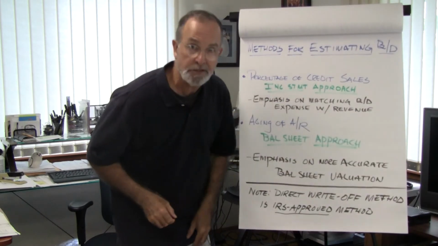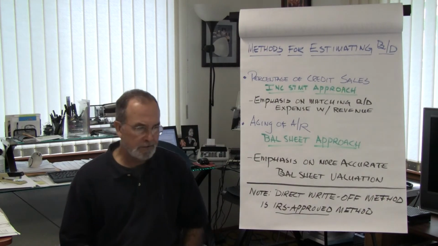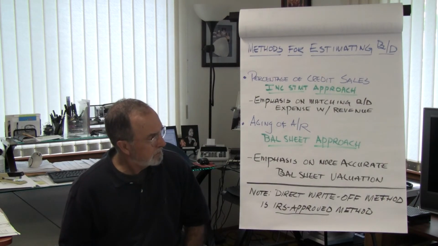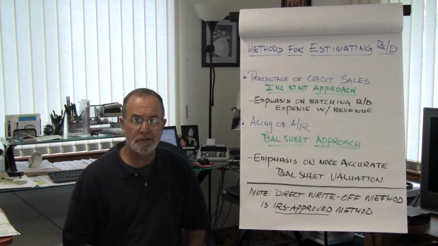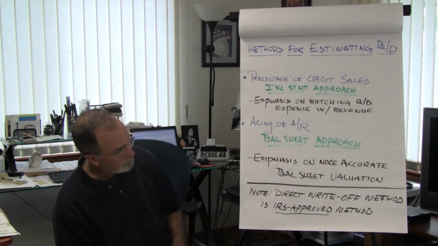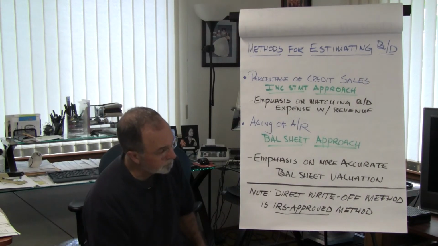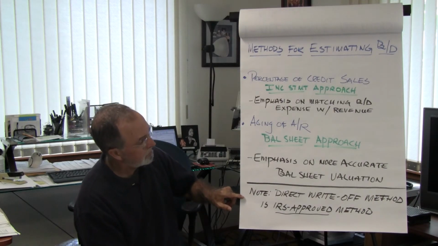This is a short lesson, and we'll follow up with a lesson that runs through some of the journal entries that are involved in applying the allowance account. There is one more thing I want to mention on the bottom of this last sheet.